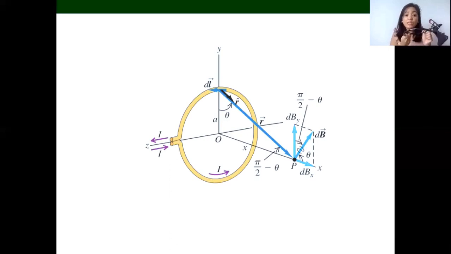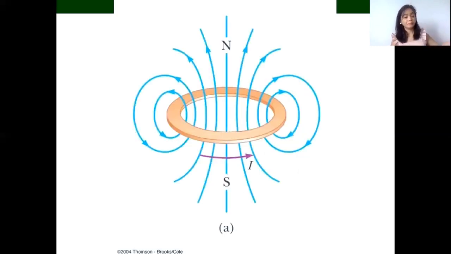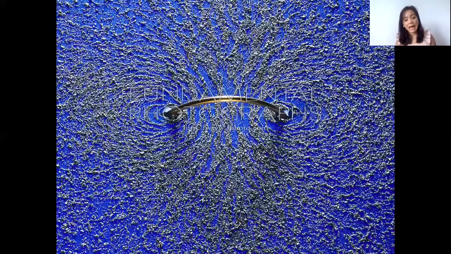Now, again, we will use the right-hand rule. This is my current. I will curl my fingers, so my magnetic field is circling this way. Again, my current and my magnetic field. Current, magnetic field. So that's why you will have this diagram, and that's why if you do the experiment, you will have this result.